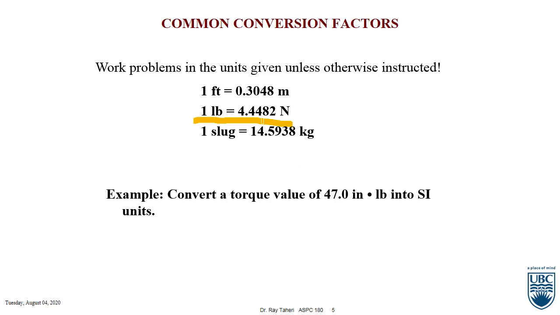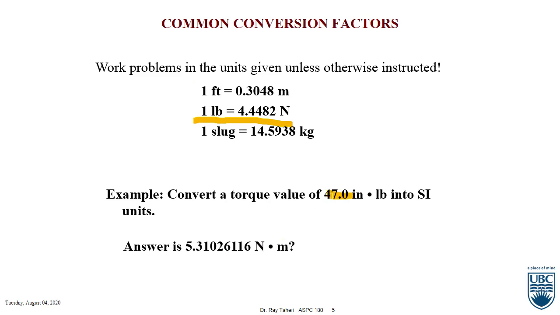When you go from smaller to larger, you divide. If I want to convert inch to meter, 1 inch is much smaller than a meter, so the conversion factor is going to be smaller than 1. When you are converting foot pound to Newton, foot pound is larger than Newton, so you multiply. The answer is 5.31 Newton meter, and we have to respect the significant figures.